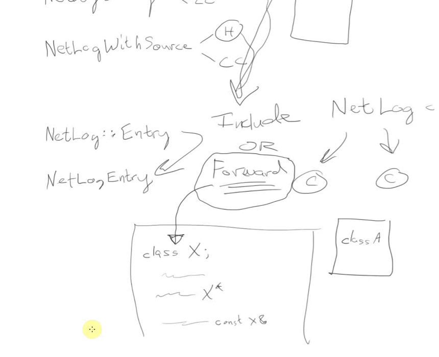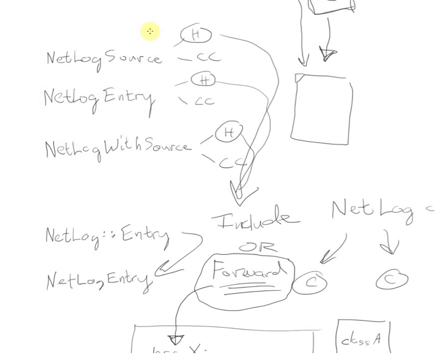So what this means is that for these new classes being extracted out of the netlog class, they would all have to have appropriate including or appropriate forwarding, based upon how the classes are being used in the CC files and H files.